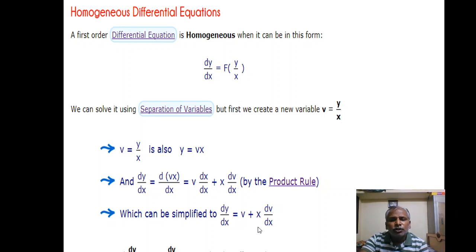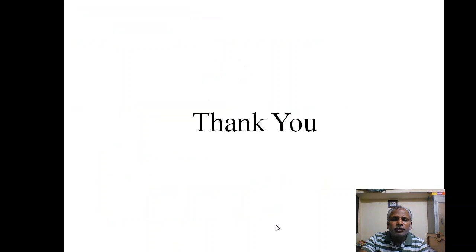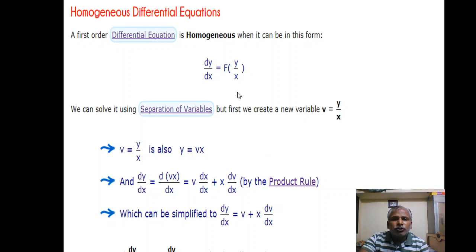Put this right hand side of dy by dx, v plus x dv by dx, into the first equation, and then we get v plus x dv by dx equals f of v, since y by x is v. Firstly the differential equation was given in y and x, and now we have reduced it in terms of the variables v and x.